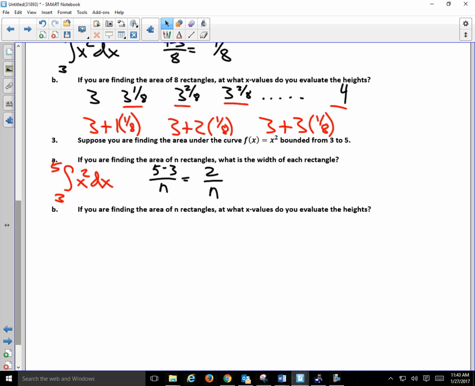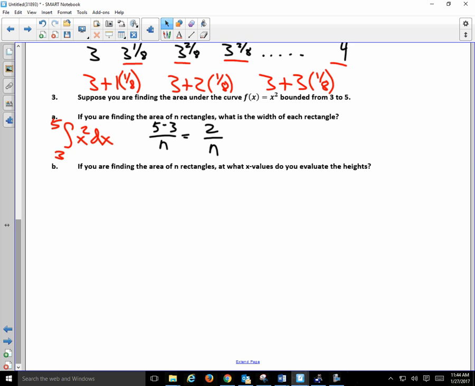When we wanted to evaluate the heights, we started at 3 for this one, but we went over 1 width, then 2 widths, then 3 widths, right? So if we are finding the area of n rectangles, what x values do we evaluate the height?